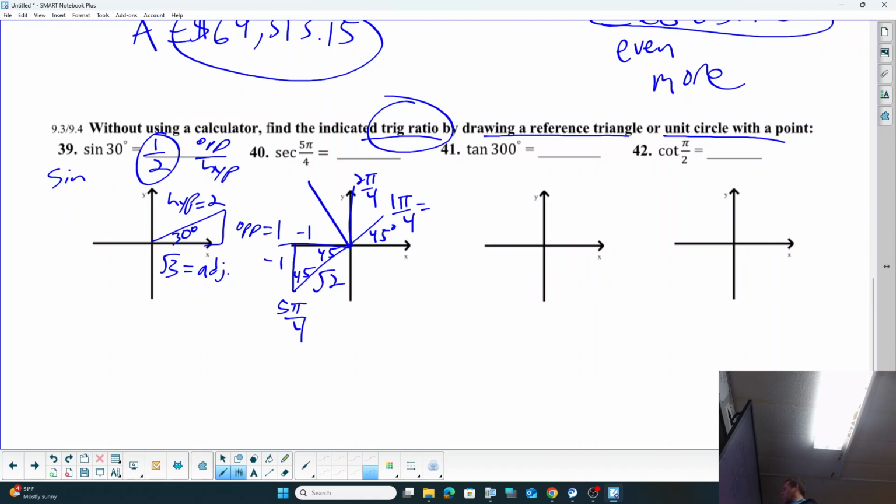Secant is 1 over cosine, so that means hypotenuse over adjacent. Hypotenuse is radical 2 over adjacent, which is negative 1. So negative radical 2 is our answer.